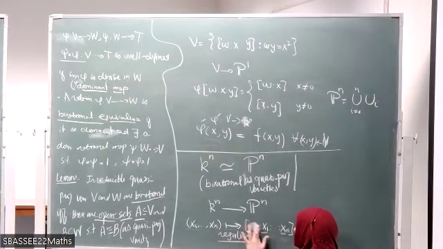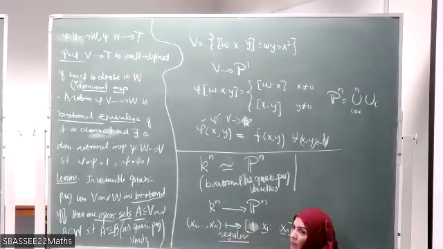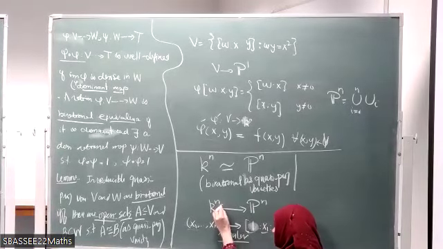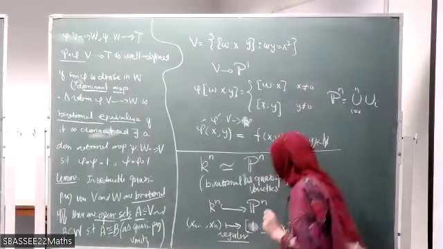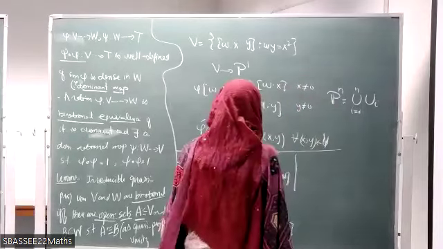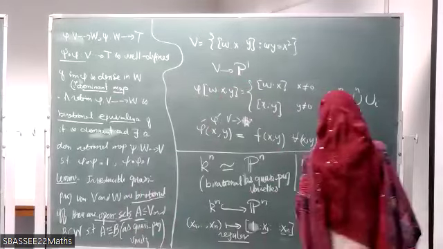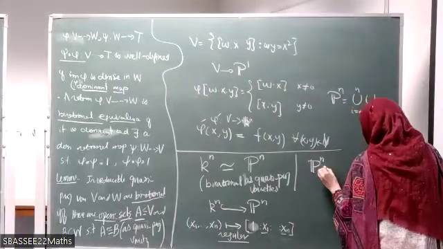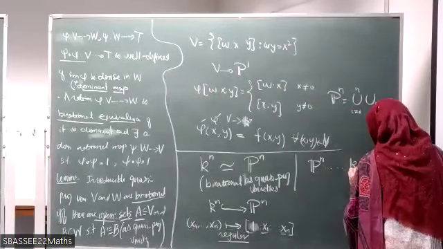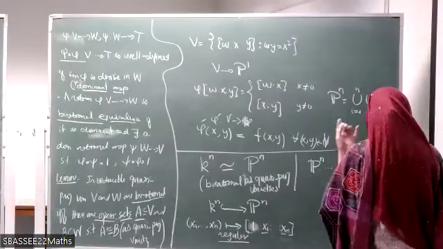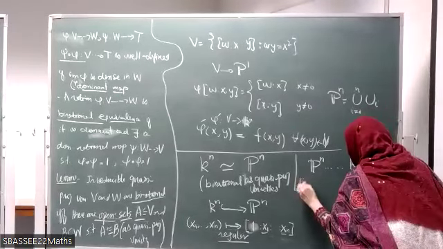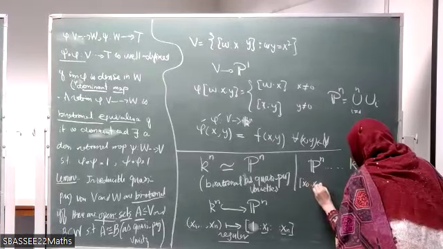Sorry, you don't need this one. I just want this one here because it's going in this way. Okay, I don't need to put any variable here. Now we need to define a map from Pn to Kn, which means that we have these coordinates.